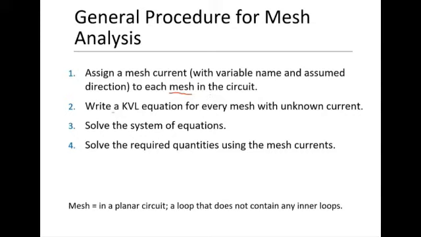So you write a KVL equation for that loop, and we have an unknown current. For every loop, I use numerical values to label the loop. You solve the system of equations and find the required quantities using the mesh currents.